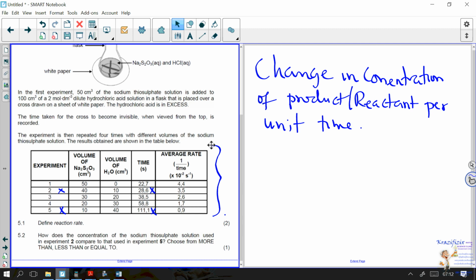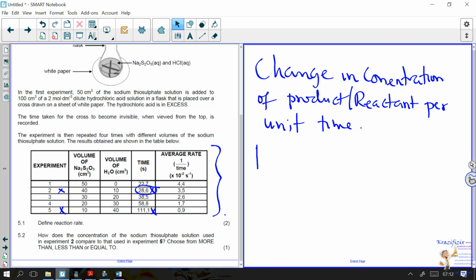All right, and we know that the higher the concentration, the faster the rate of reaction. So 2 is using a shorter time, which means my answer should be more than, because the concentration determines the rate of reaction. So it's more than. All right, more than.